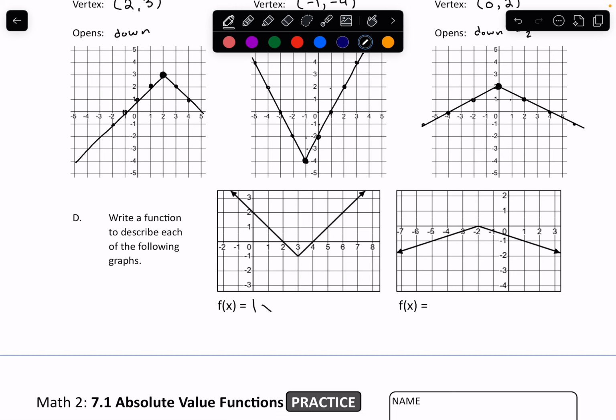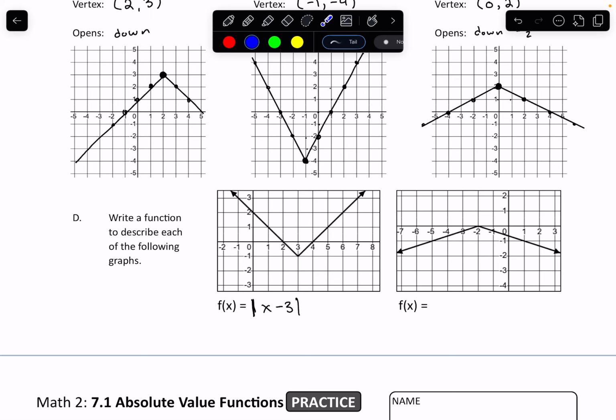Then I've got an X, and now I've got to look at H. Now remember, H is my left and right shift. This function is shifted to the right over to the 3. But it's shifted to the right, so it's going to be minus 3 instead of plus 3. And then the K value is my up and down shift.